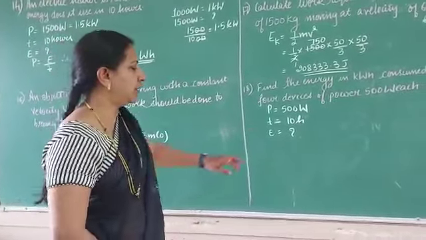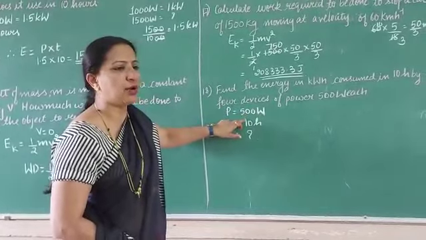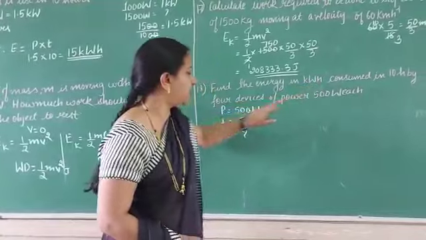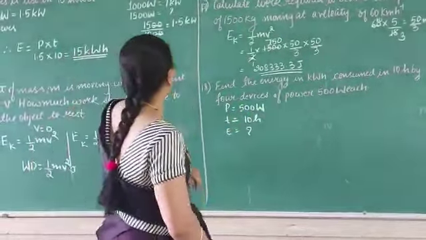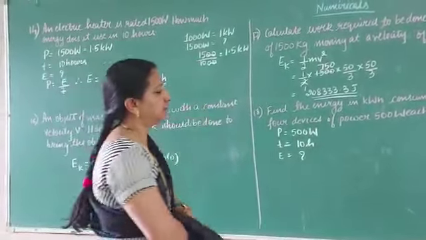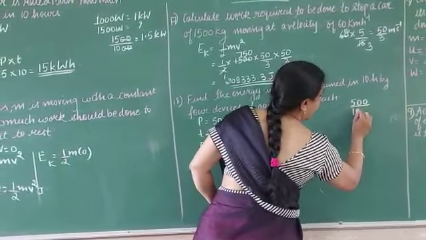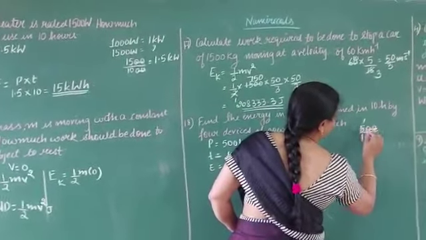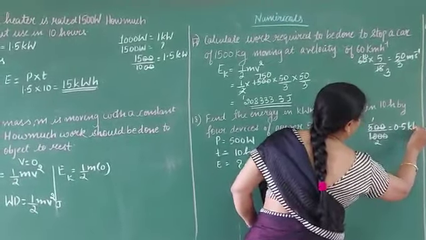As I told you, first power has to be converted into kilowatts. If you want to calculate energy consumption in kilowatt hour, our power also should be in kilowatts. So again convert it in the same way, the way we did 1500 divided by 1000. Same way you put here, that is 500 divided by 1000. That means 5 upon 10, 5 ones are 5, that is 0.5 kilowatt.